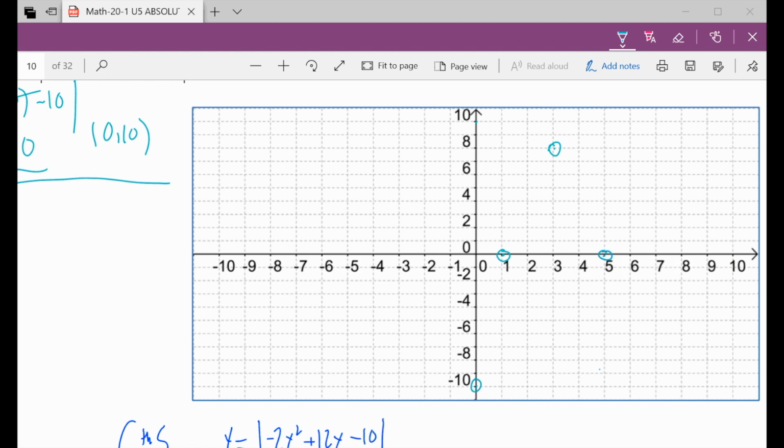Now, because of symmetry, this line here is 1, 2, 3 spaces from the vertex, the axis of symmetry, and so 1, 2, 3 more over should be good as well. And because this is a parabola with a 2 times vertical stretch, we can try to estimate a point 1 over. Now, normally with a parabola, if you go 1 over, you go 1 squared, either up or down.